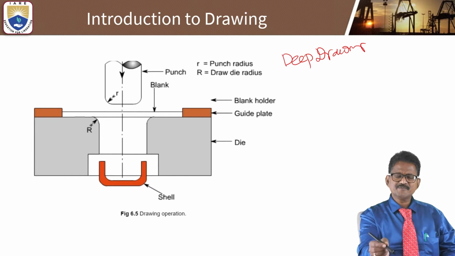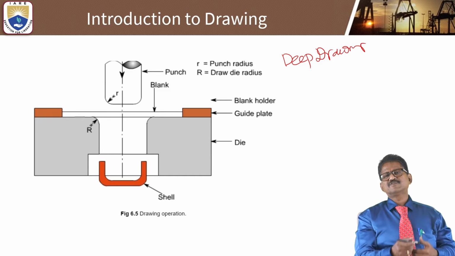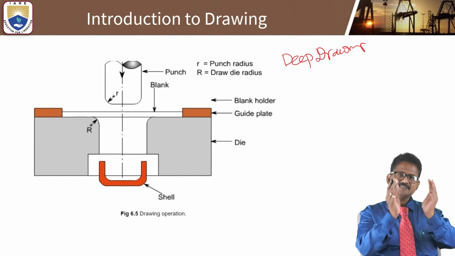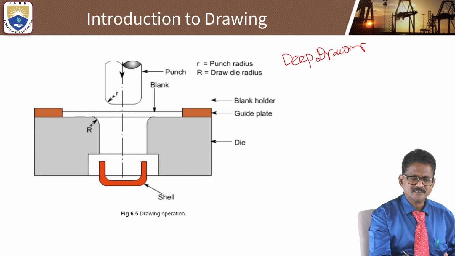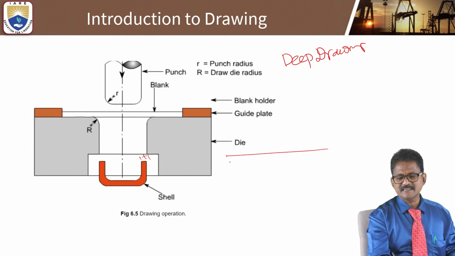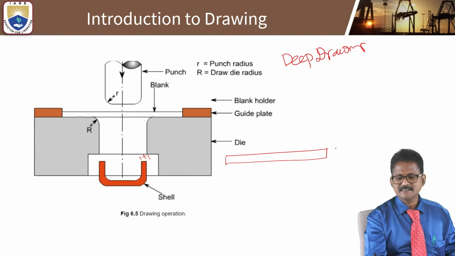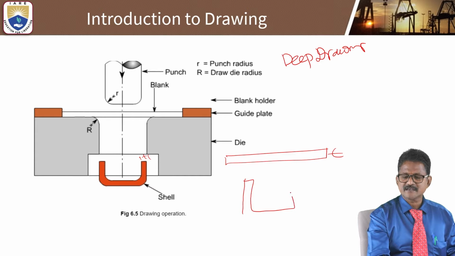Okay, and there will be a blank, and how much force is required? Compressive force is required to change it into the cup shape and shell shape. This is also called the strip thickness. If it is a straight sheet, this is the strip thickness, and we perform the change from the straight sheet to a rectangle, channel shape or cup shape.